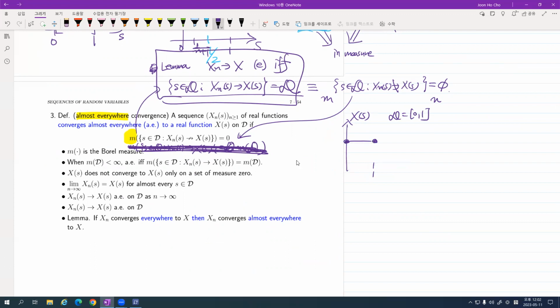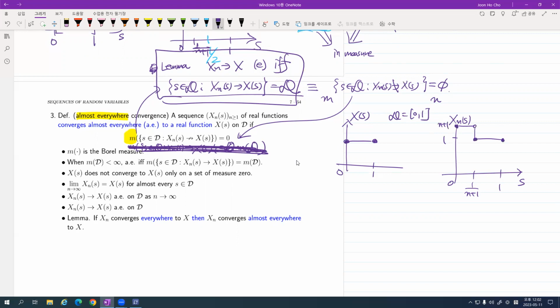Suppose your limit function is just 1 on this interval, and your x of n is the same as before. But now it also equals 1 here, and equals n plus 1, something like that.